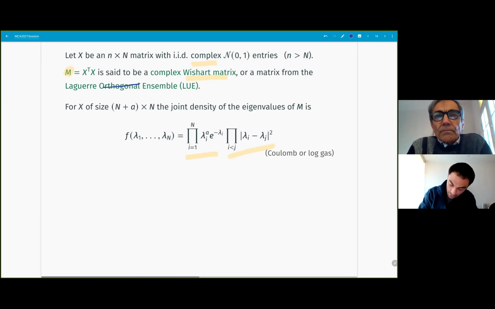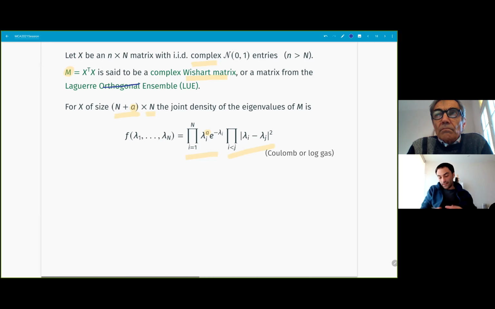And the important thing here is this A. A is measuring how much wider my sample matrix is than taller. So X is of size n by n plus A times n, and this A shows up in the joint distribution of the eigenvalues, okay?